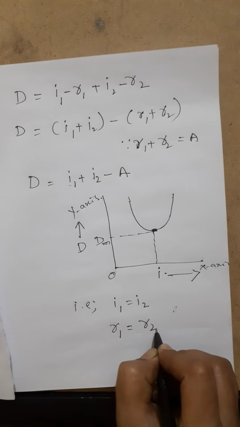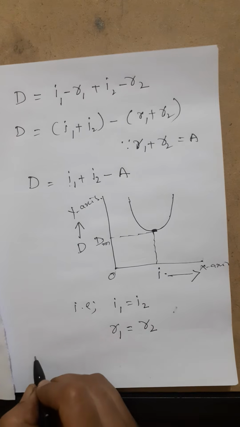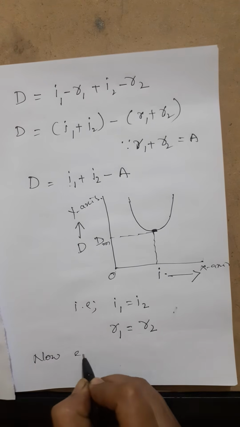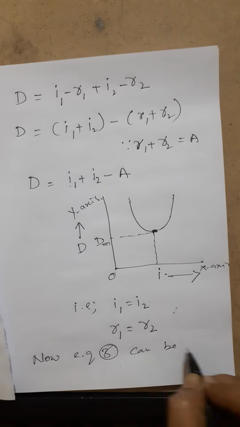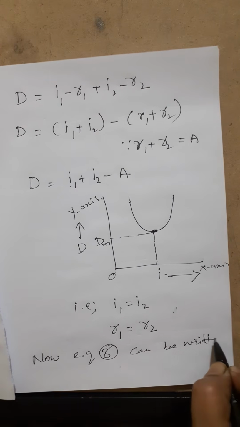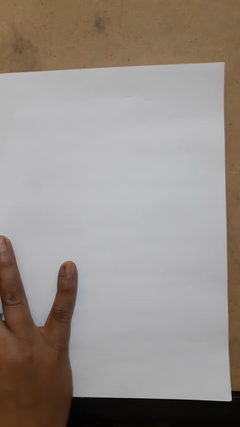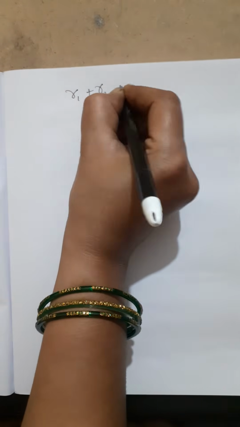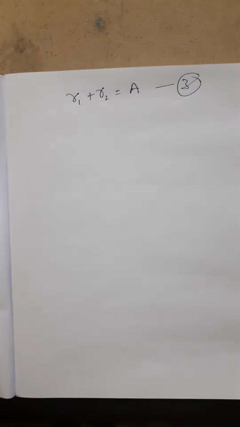So we are going to use this property. Now equation 3 can be written as, what is equation 3? R1 plus R2 is equal to A. This was equation number 3.